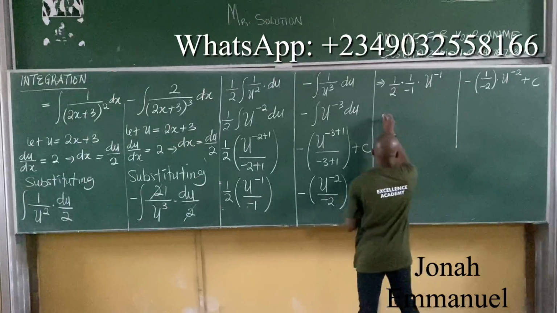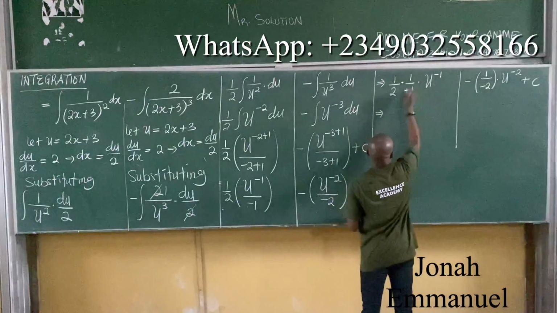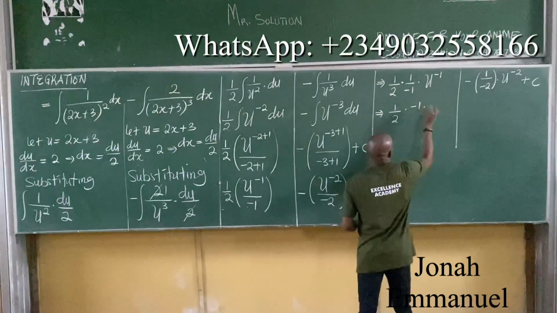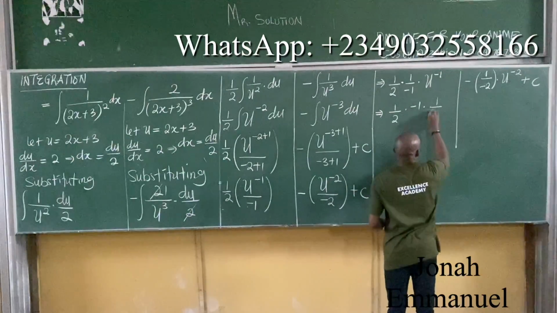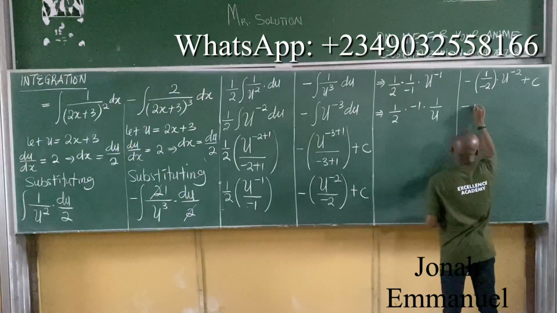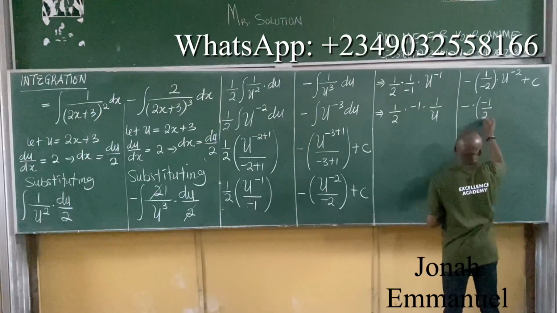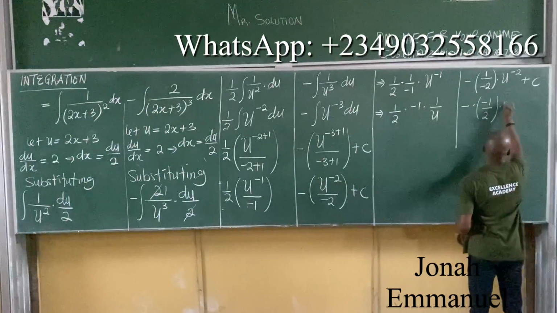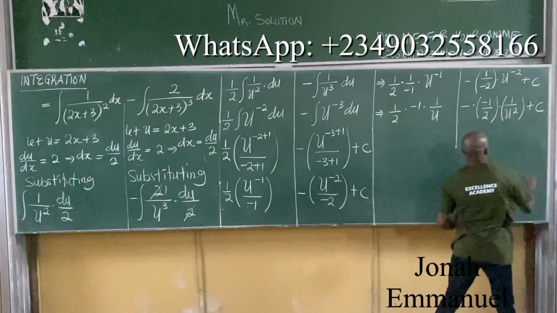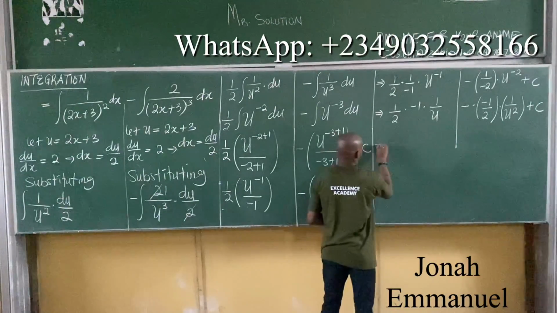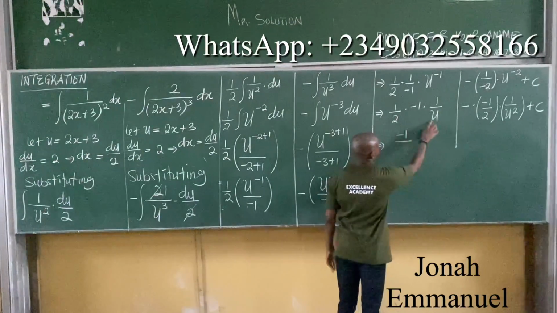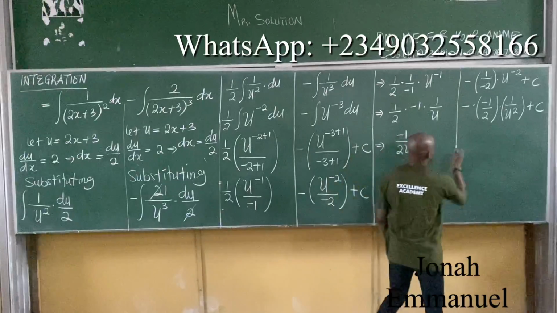If I work this out, this will give you 1 over 2, this one here gives minus 1, multiplying, this gives 1 all over u. Minus, this gives minus 1 over 2, into 1 all over u squared, then plus c. If I work this out, this gives you 1 times minus 1 times 1 gives minus 1, all over 2 times u, which is 2u.